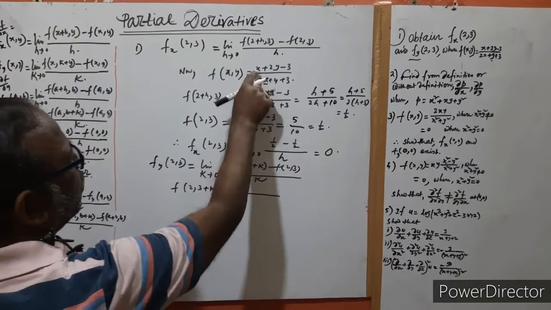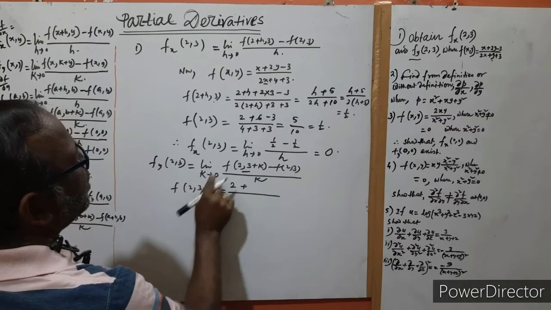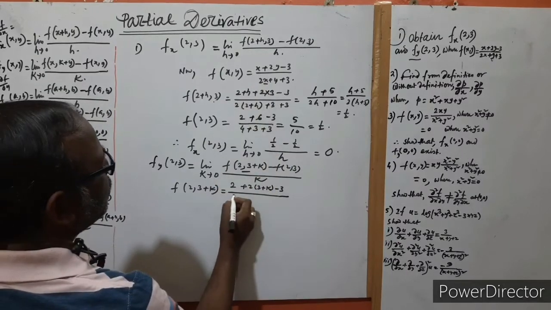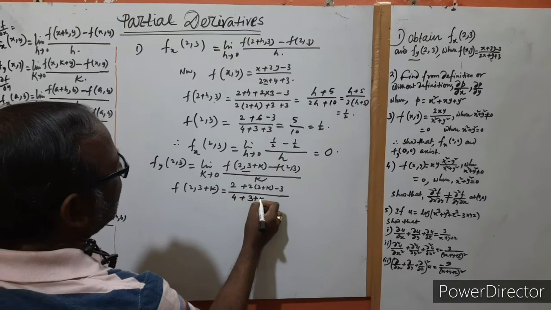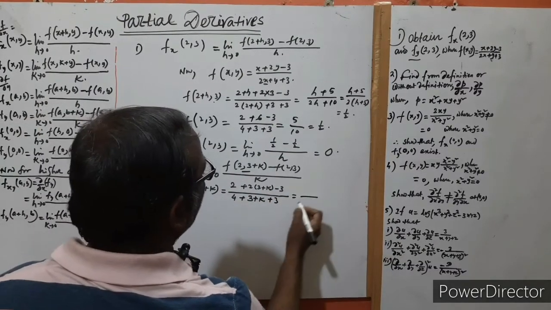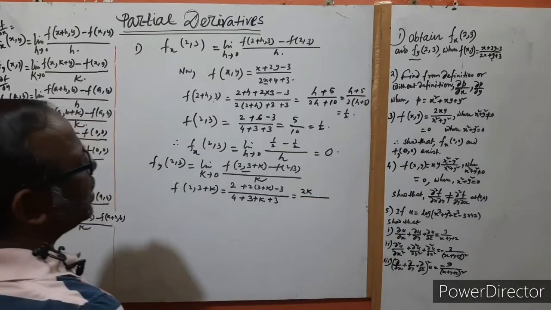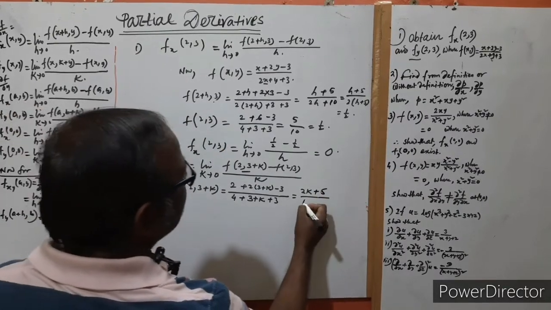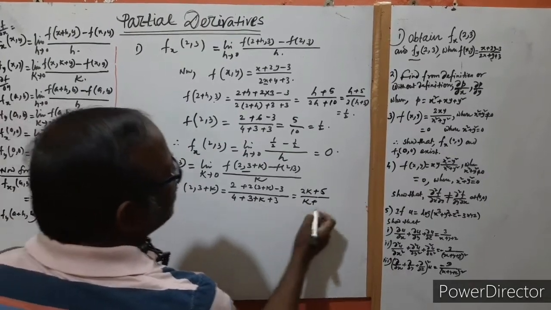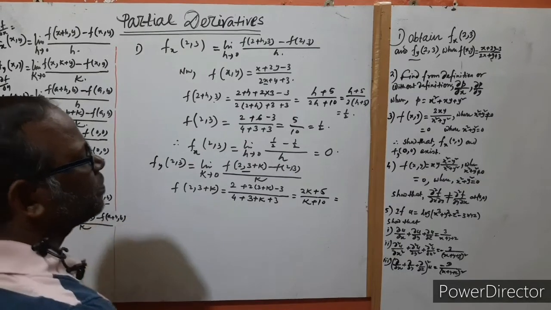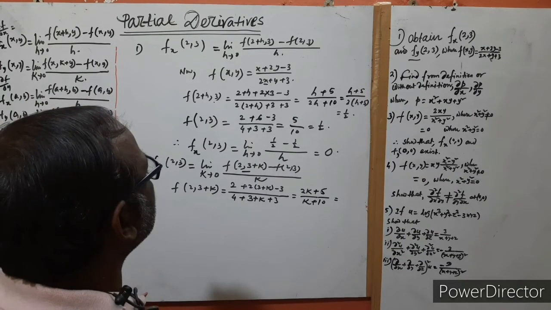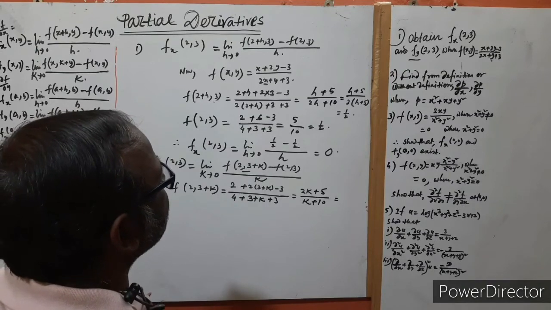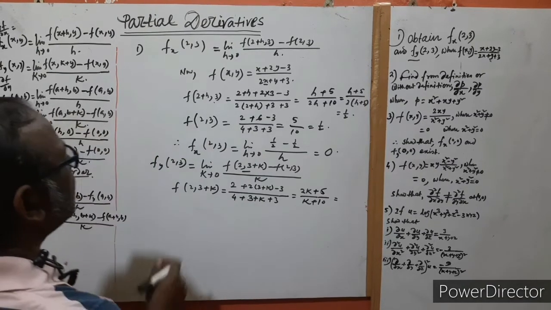In place of x we put 2, in place of y we put 3+k. The numerator is 2+2(3+k)-3, that is 2k+5, and the denominator is 4+3+k+3, that is k+10.